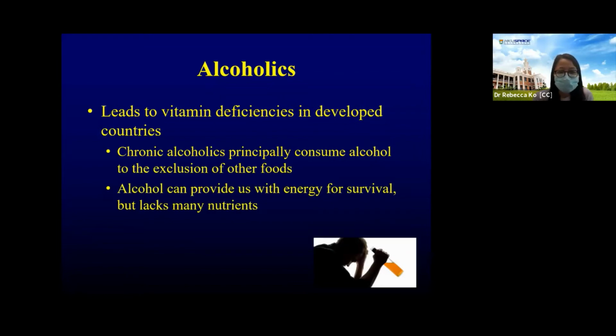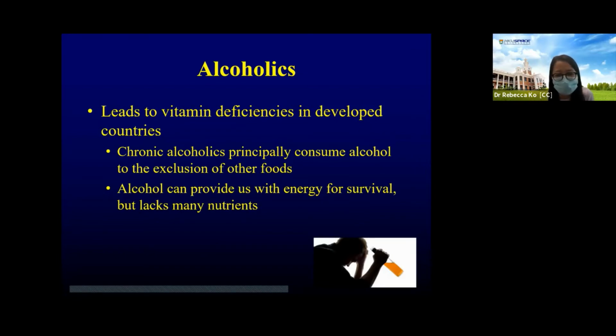Alcoholism leads to vitamin deficiency in the developed countries. And why? What's the problem with that? Because chronic alcoholics principally consume alcohol to the exclusion of other foods. Just drink alcohol and have no appetite to eat other foods.